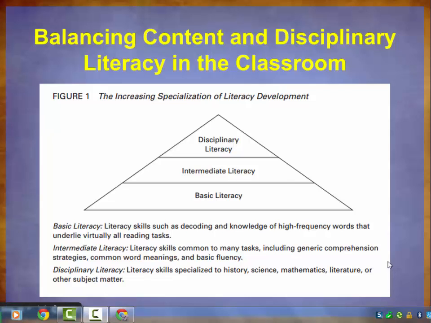We will look at a number of articles and papers that look at the place of textbooks in history classes and how teachers can implement content area literacy strategies and disciplinary skills to help all students become better readers. Lastly, we will discuss the right balance between content and disciplinary literacy instruction for your classroom.